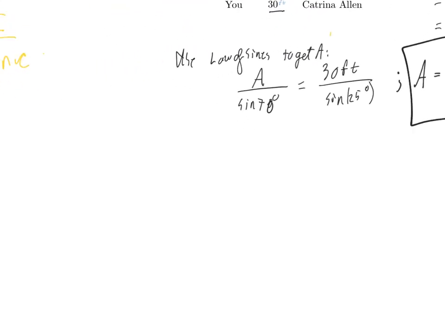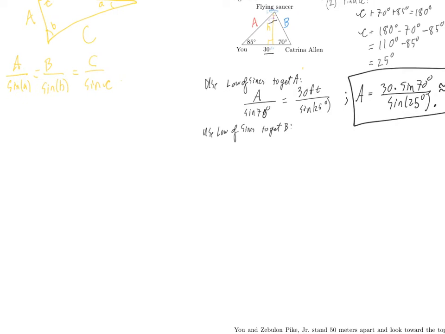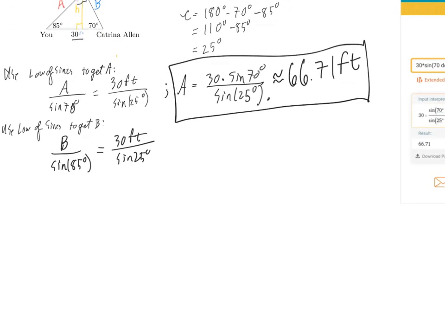Let's use the law of sines to get b. So in this case, we see b divided by sine of 85 degrees is equal to 30 feet divided by sine 25 degrees. b is then exactly equal to 30 times the sine of 85 degrees.